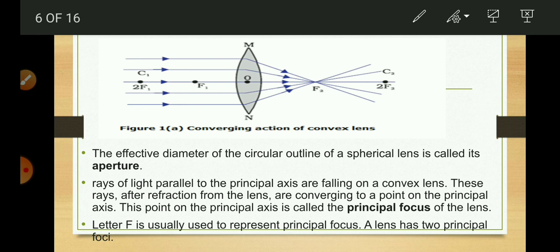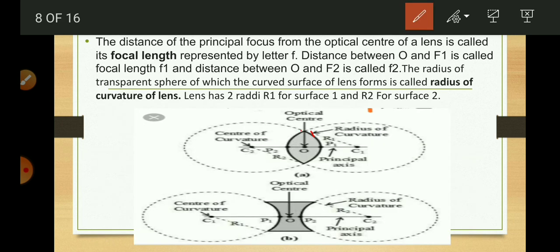Next is aperture. The effective diameter of circular outline of a spherical lens is called its aperture. Next is radius of curvature. The radius of transparent sphere of which curved surface of lens forms is called radius of curvature of lens.